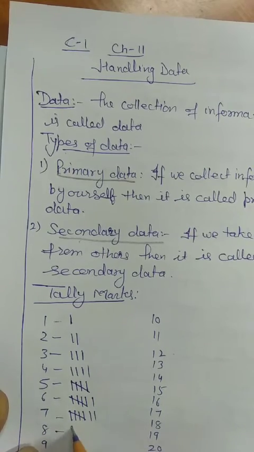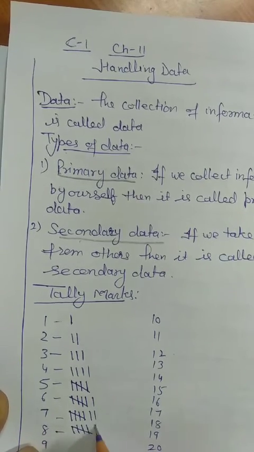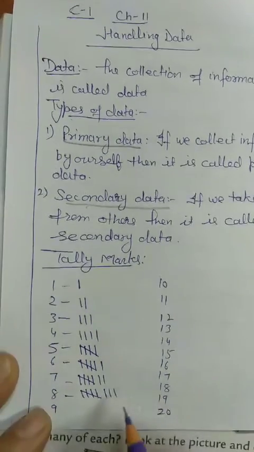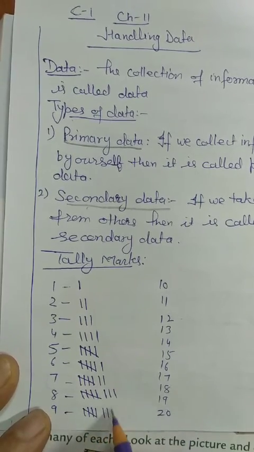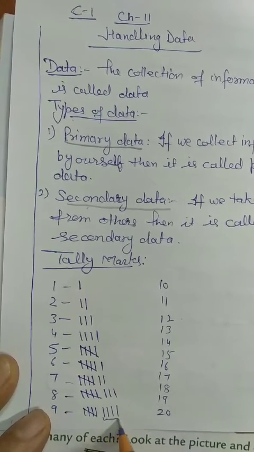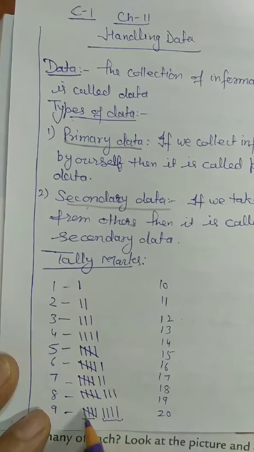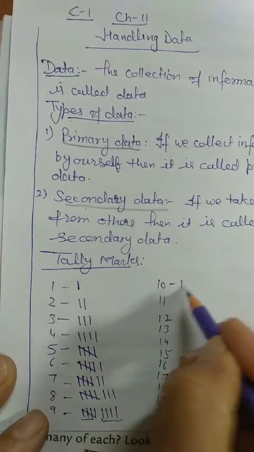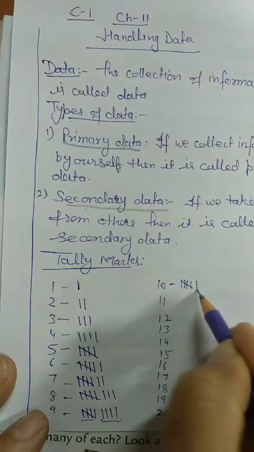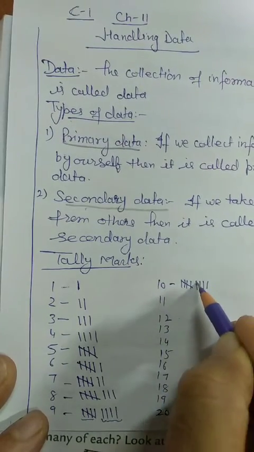And how to write 8? 1 2 3 4 5 6 7 8. And 9 is 1 2 3 4 5 6 7 8 9, meaning 4 lines, and for the 5th you just cut it. And how can you write 10? 1 2 3 4 5 6 7 8 9 10.